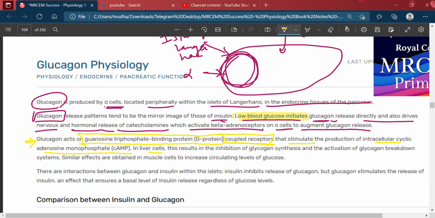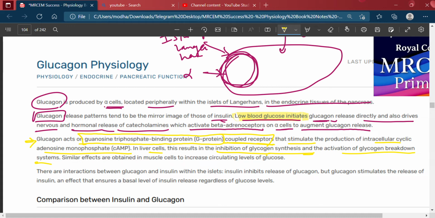This results in the inhibition of glycogen synthesis and the activation of the glycogen breakdown system. Similar effects are obtained in muscle cells to increase the circulating level of glucose. So how does glucagon work?